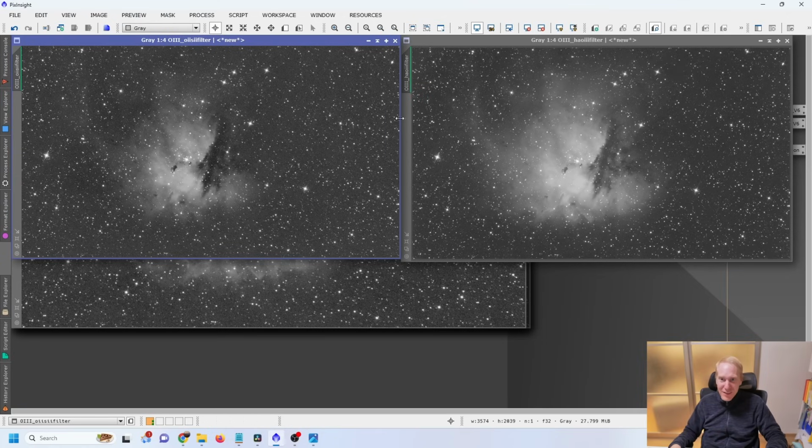And so we get a much better looking image, but it is less accurate than the image on the left, which also filters through some sulfur 2 into the oxygen 3 channel, effectively into the blue and green channels. But because sulfur 2 is a much weaker signal, it interferes much less with the data.